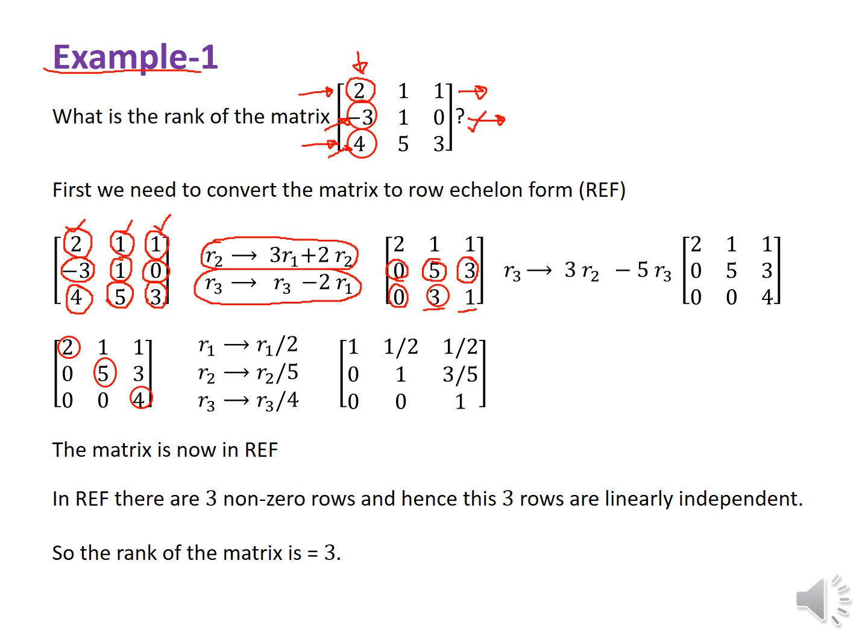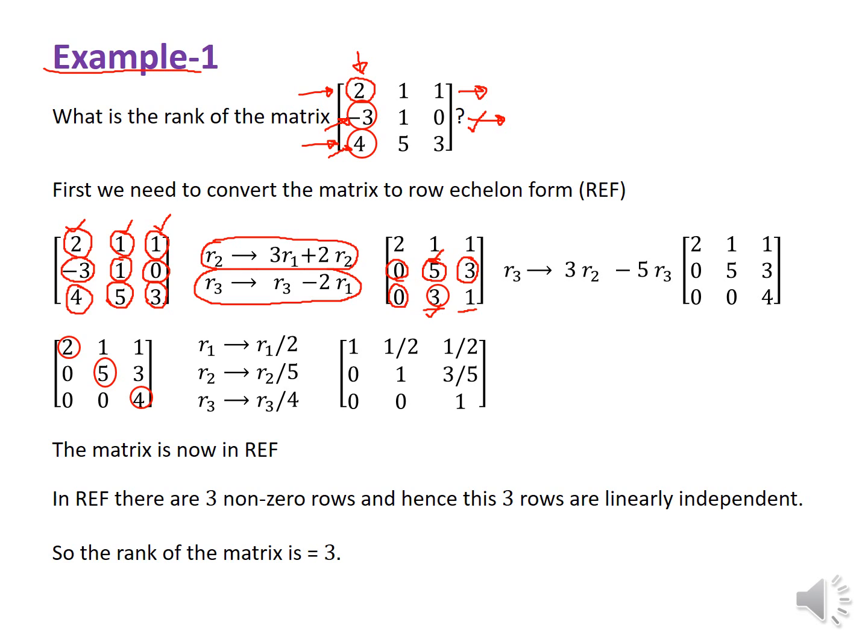So now in the second row, 5 is the leading element. So according to the condition, the second element of third row will be 0, as it is under the leading element of second row. So to make the second element of third row 0, we will calculate third row with second row, as we are making 0 under the leading element of second row.